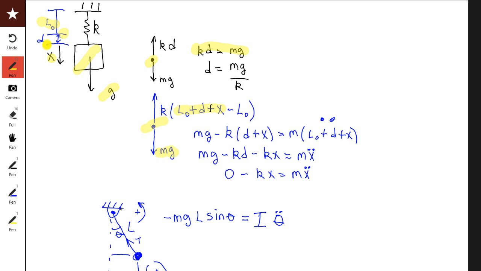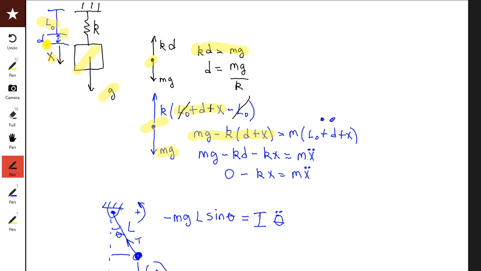Okay, so then you're going to sum forces. So here is the summation of forces on this device, and the reason it's k times x plus d is because you have an L0 here and you're subtracting L0, so that one's gone, so you're left with just the x plus d.